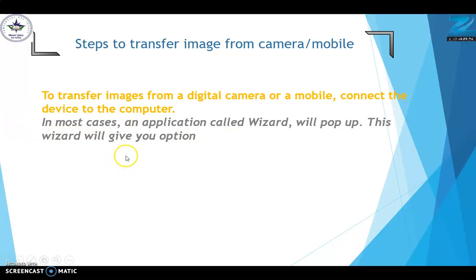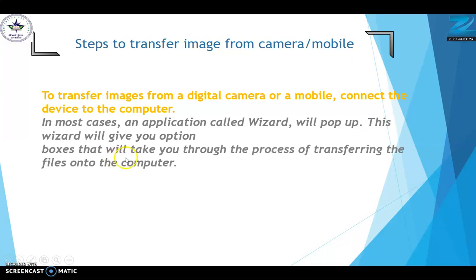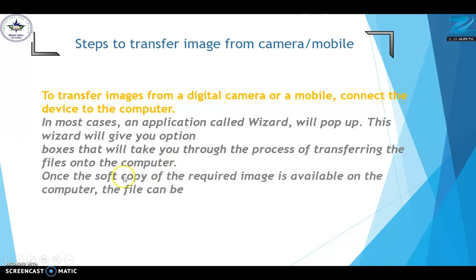This wizard will give you option boxes that will take you through the process of transferring the files into the computer. Once the soft copy of the required images is available on the computer, the file can be imported into the presentation. So these are the steps that you can follow to import images, audios, videos from your mobile or camera to the computer.